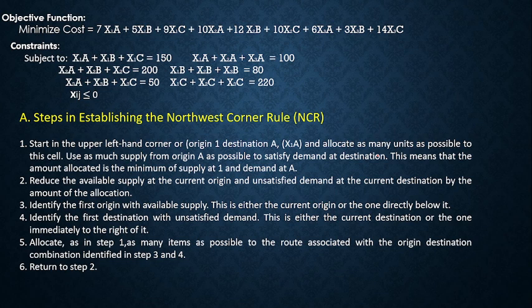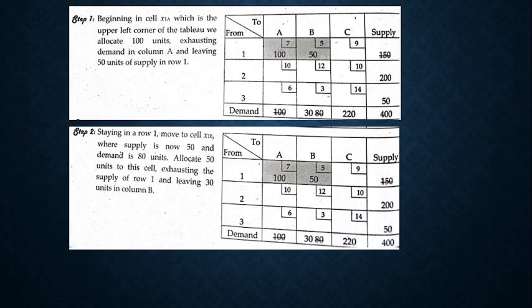Number 5, allocate as in step 1 as many items as possible to the route associated with the origin-destination combination identified in steps 3 and 4. Sige. So ito na yun, ito na ang mga specific solution in the transportation problem.